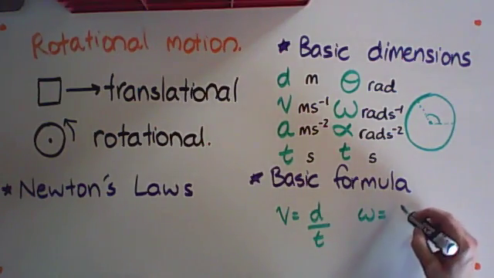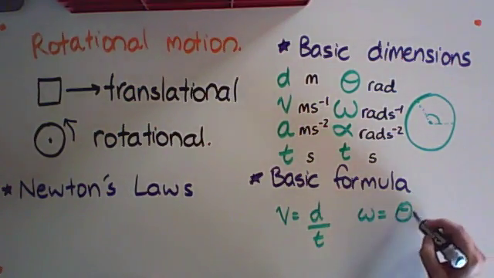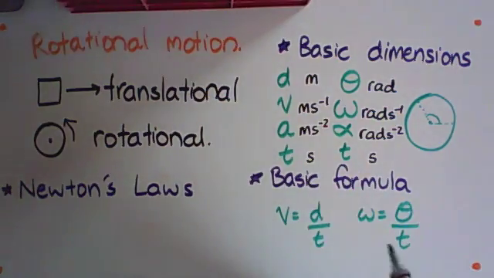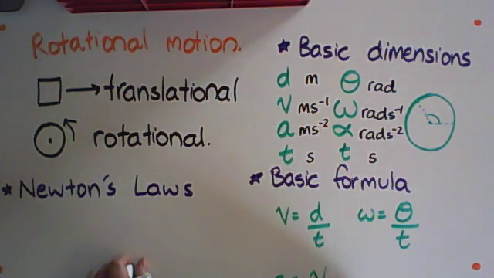Angular velocity equals however many radians, whatever angle you've covered, divided by the time. You can put the deltas on there to show that it's a change in angle and a change in time if you prefer, but I'm going for simple today. Just like with translational, a equals the change in velocity over the time it took to do that change. We've got exactly the same thing going on here.